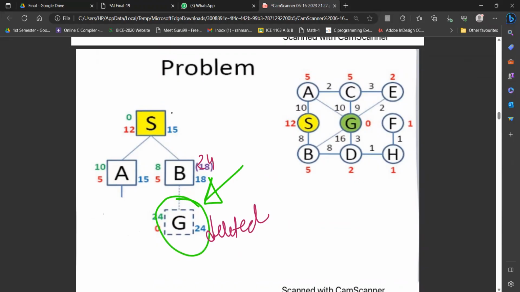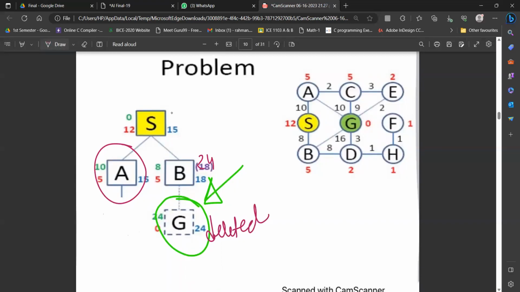The next node that can be explored is 15, because as you can see, among A and B, the node which has the smallest F value is node A. So the child having the smallest F value can always be explored.